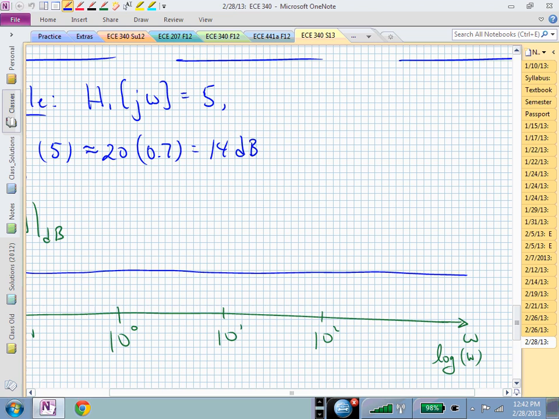And what you may want to do, just to get comfortable with this, is look at what all of these values are. If you took the log of 1, that's 0. Log of 2, what's log of 2? Isn't that about 0.3? You could do that on your calculator, and now you're 30%.